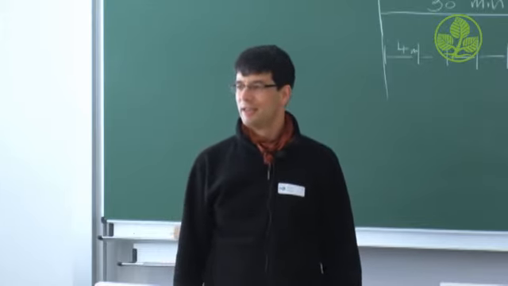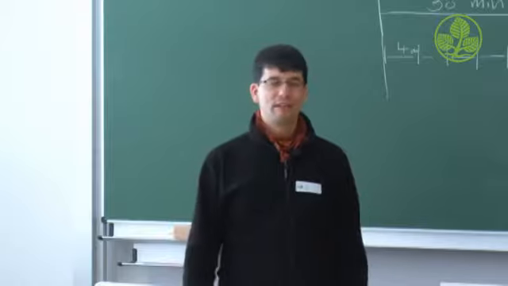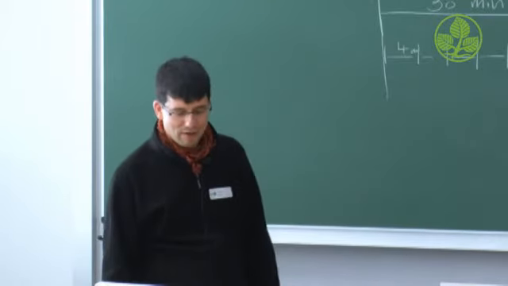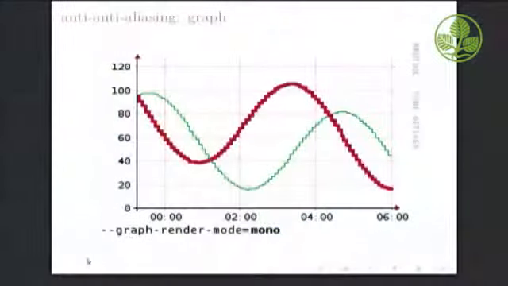And if you were really fond of that look, with RRDtool 1.4, there's this option, graph render mode mono, which causes the lines in the graph to go back to that blocky 90s way of presentation.